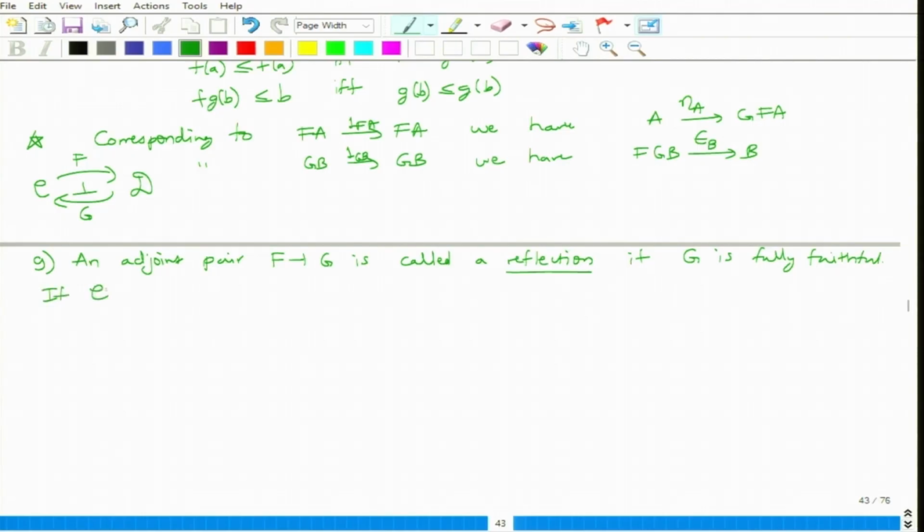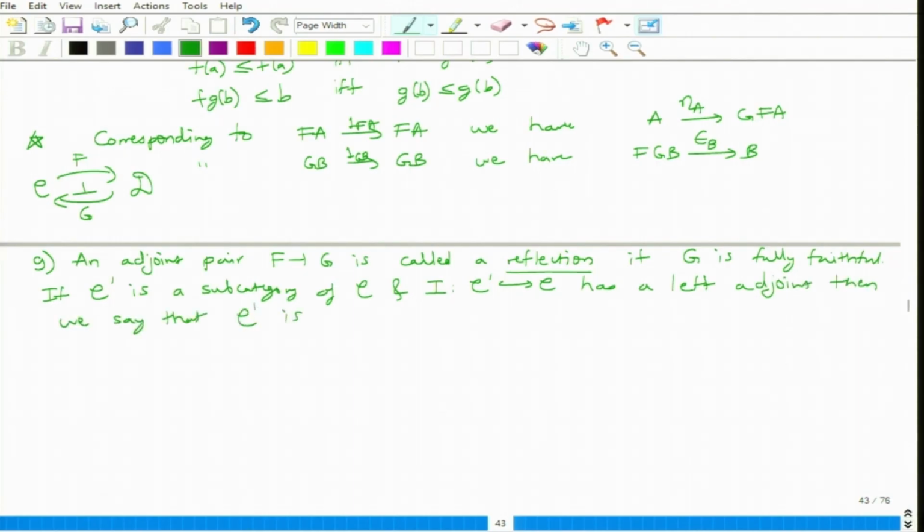Reflections are quite common, and we say that if C prime is a full subcategory of C, and the inclusion I from C prime to C has a left adjoint, then we say that C prime is a reflective subcategory of C. If you remember, I have already used this word in this course.